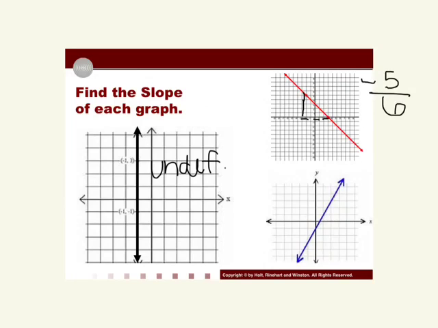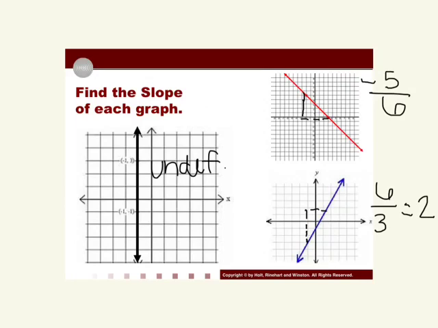For this one, we are going up 6 and over 3. So 6 over 3, which equals 2.